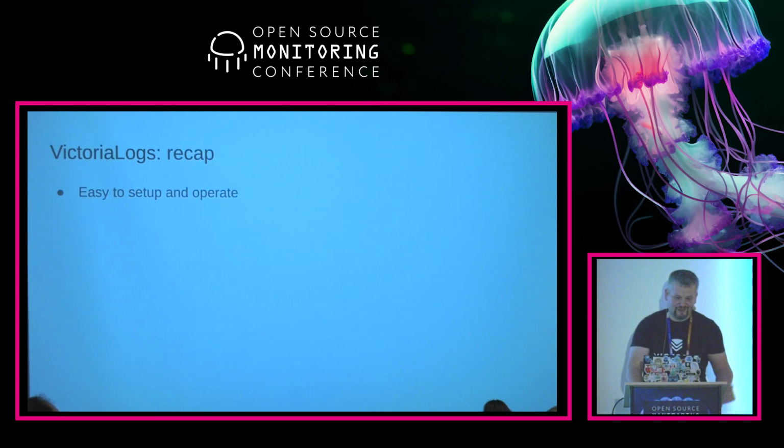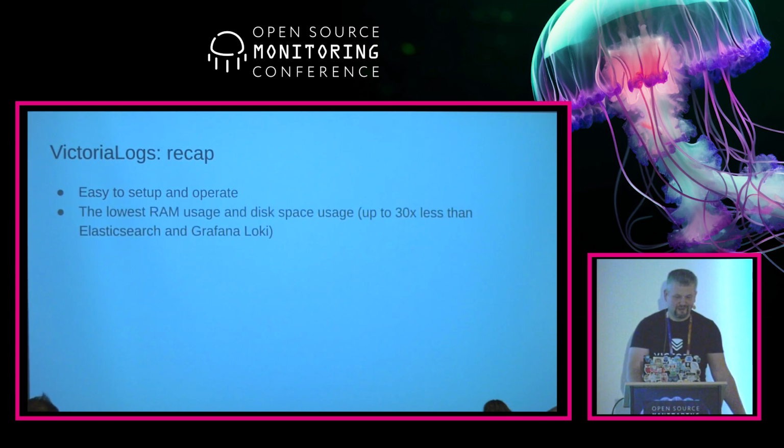So let's recap. VictoriaLogs is easy to set up and operate. It's just a single binary without any configuration. It uses much lower amounts of memory and disk space compared to Elasticsearch and Grafana Loki. It supports fast full text search over all log labels and log entries.